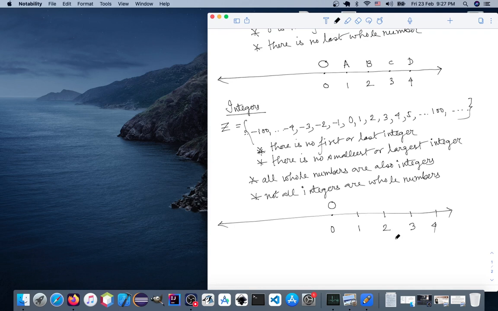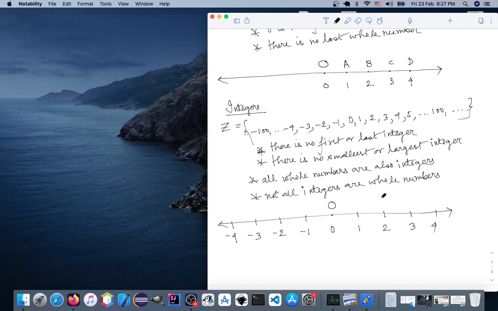Similarly, on the left hand side, at equal distances, we will have -1, -2, -3, -4, and so on.